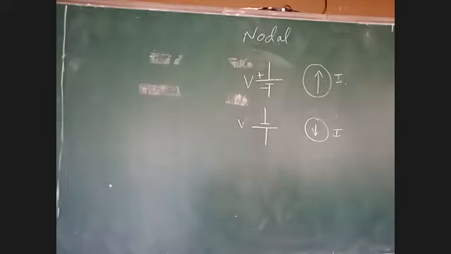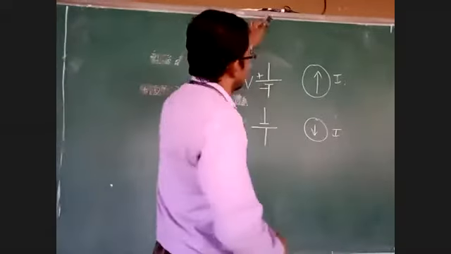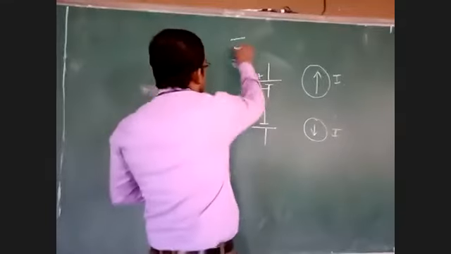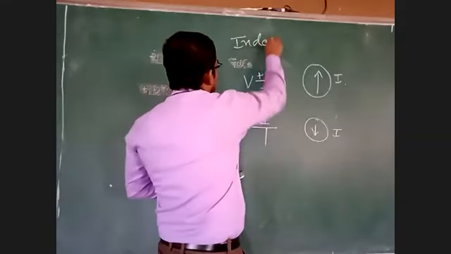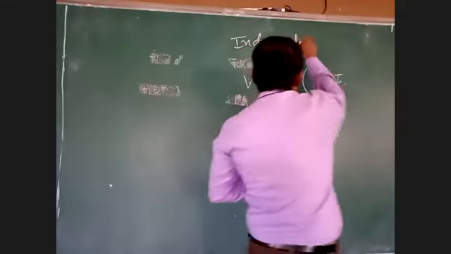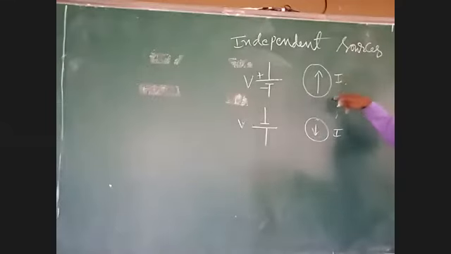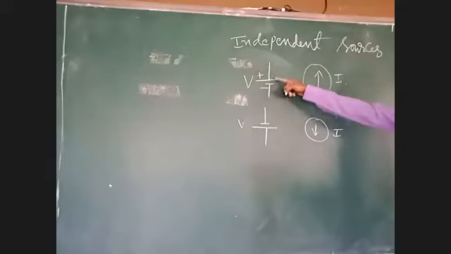Draw those figures. Independent voltage source, independent current source. Current flows from negative to positive.